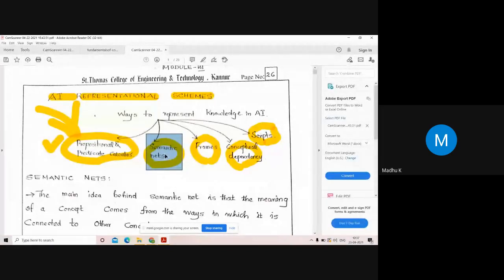Then we are going to the semantic nets. Okay, semantic nets. So semantic nets are also used for knowledge representation. And what is a semantic net?